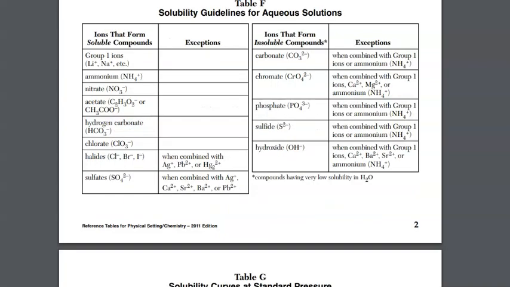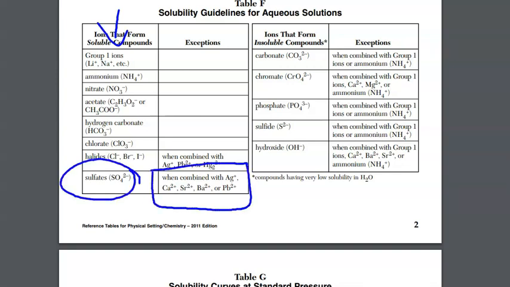Let's check it out. So I come to reference table F, and sure enough, I'm just going to go ahead and start from left to right. I'm looking here at the soluble column, the first column, and here's sulfates. Here's exceptions. These would be insoluble if sulfate was with any of these metals. You'll notice magnesium and potassium, they're not here, which means they're both soluble.